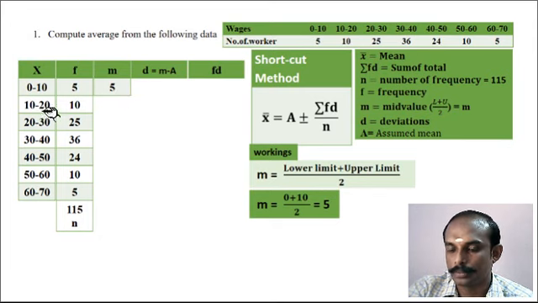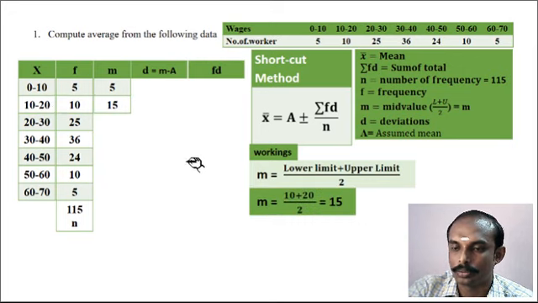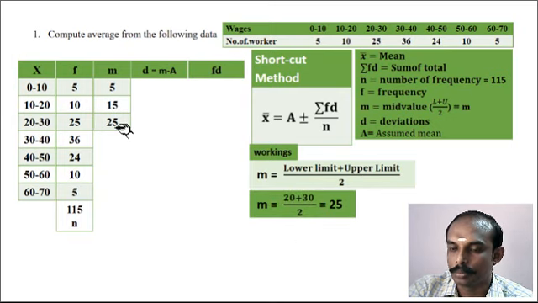For 10 to 20, 10 plus 20 divided by 2 is equal to 15. For 20 to 30, 20 plus 30 divided by 2 gives 25.